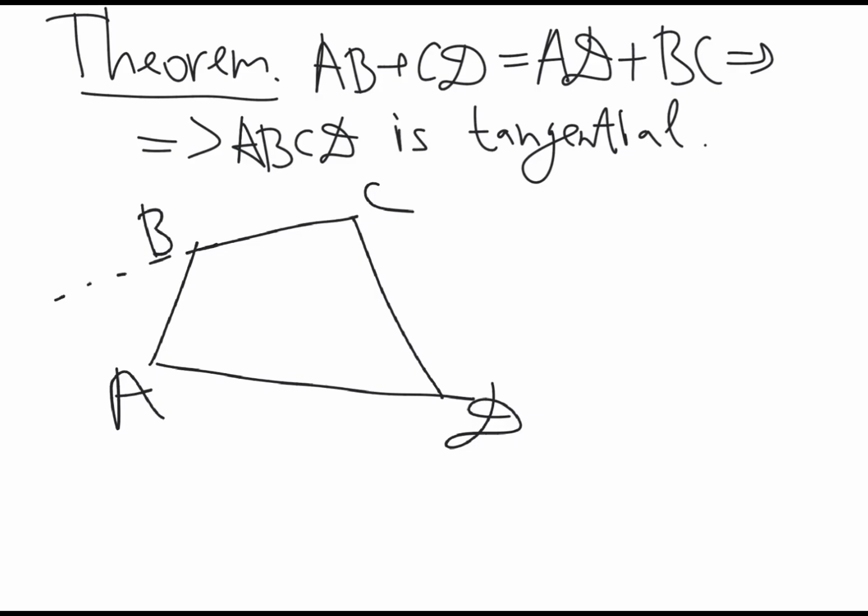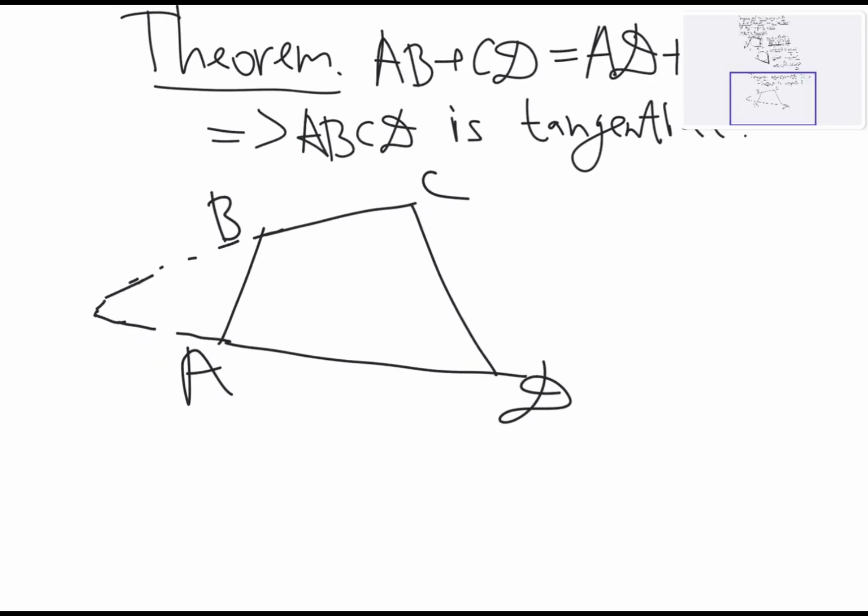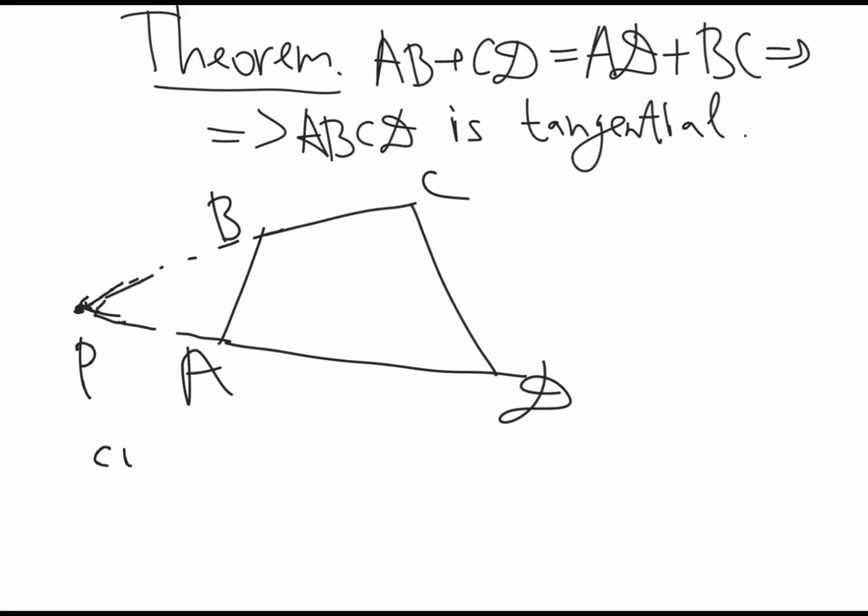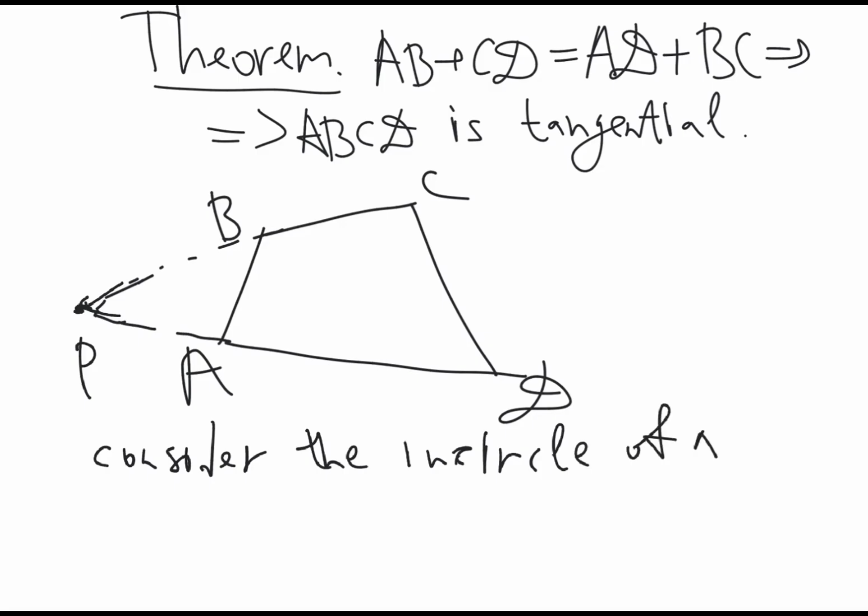Let's continue the sides until the intersection point somewhere, and this intersection point would be P. We consider the incircle of the triangle PCD, right?